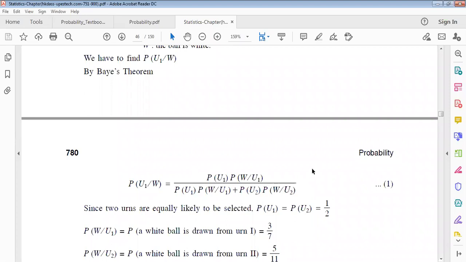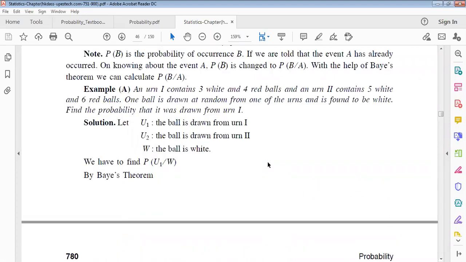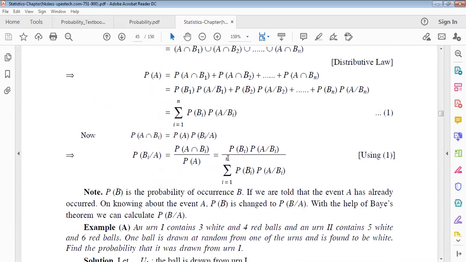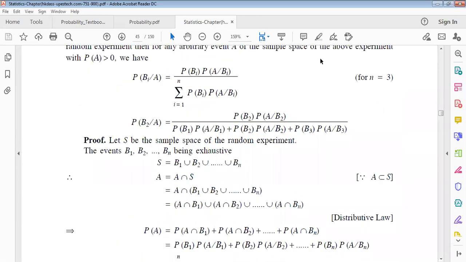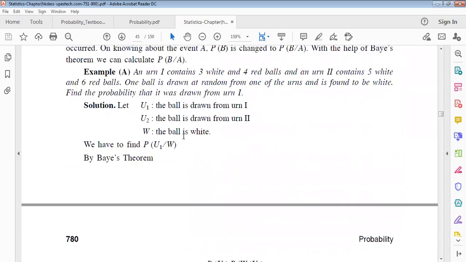That means we have to use Bayes theorem for n equals 2. We have to use this theorem up to the second term, with n equals 2. We have to use this Bayes theorem series.